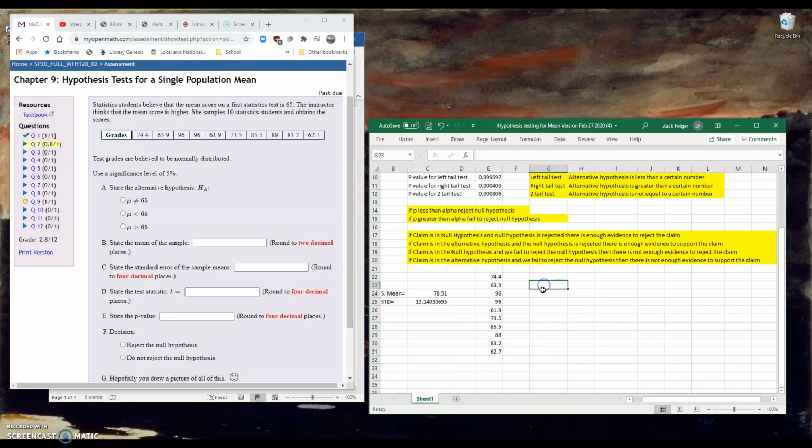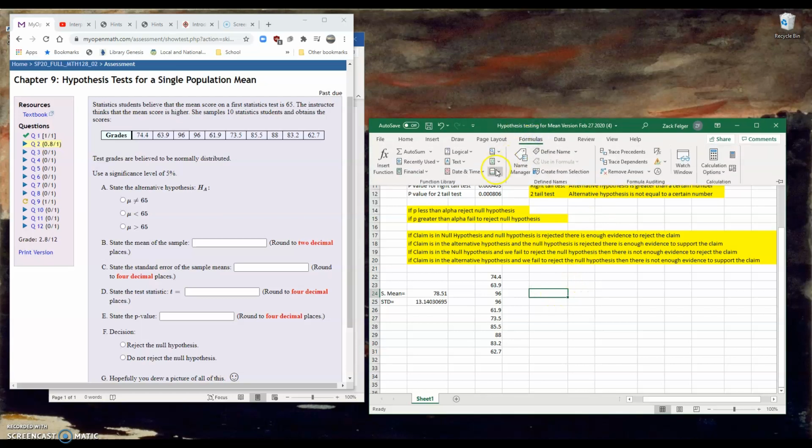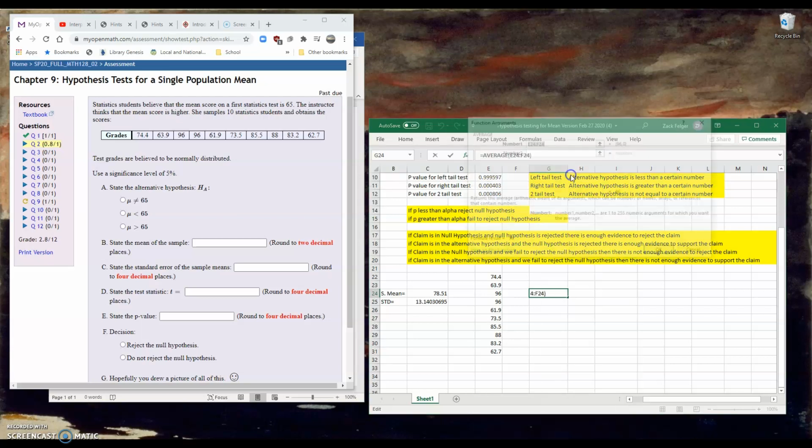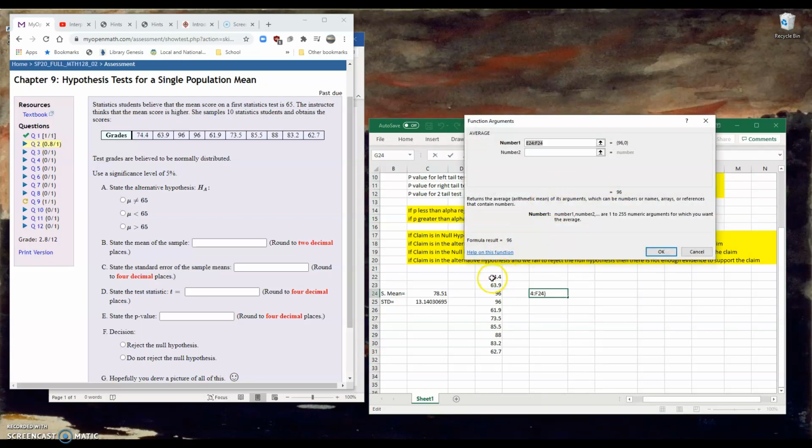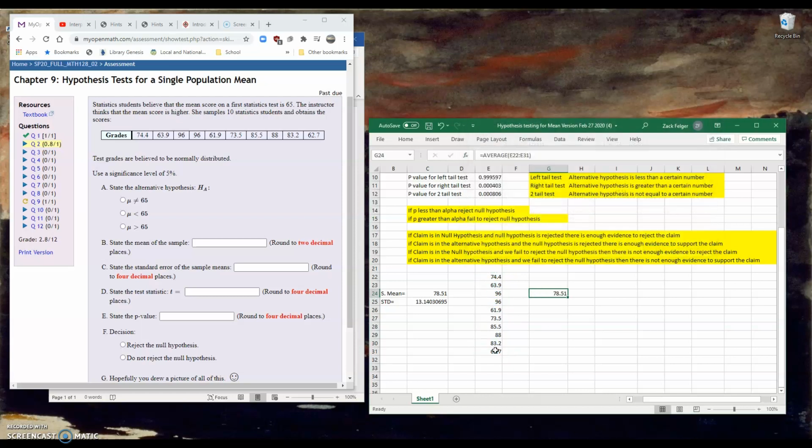Now if you want to find the sample mean and the standard deviation of that sample, I already did it over here, but I'm going to show you for technical purposes. You can go to formulas, more functions, statistical, average, and you can highlight this data, hit enter, and that is going to give you the mean of your sample data.